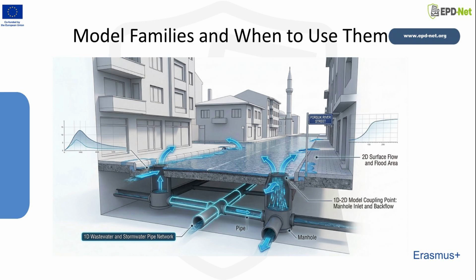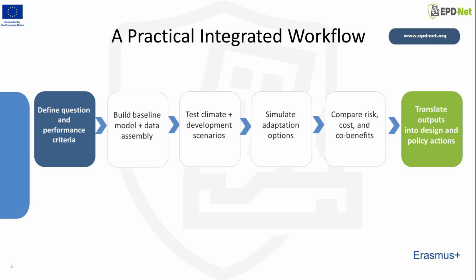Their trade-off is higher data requirements, calibration needs, and computational effort. Integrated risk models go a step further by translating flood dynamics into damage, disruption, or vulnerability outputs. Their trade-off is reliance on assumptions beyond hydraulics, such as depth-damage relationships.